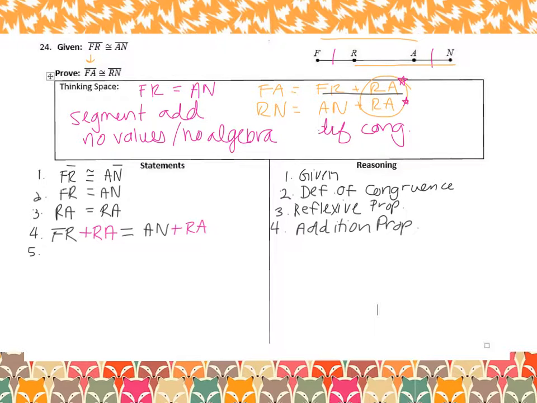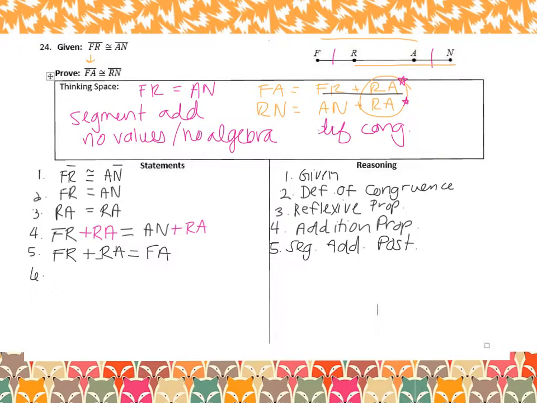We said that we're going to add FR and RA. So FR plus RA equals the length of segment FA. Why is that? That's because of our segment addition postulate, and I am abbreviating here.